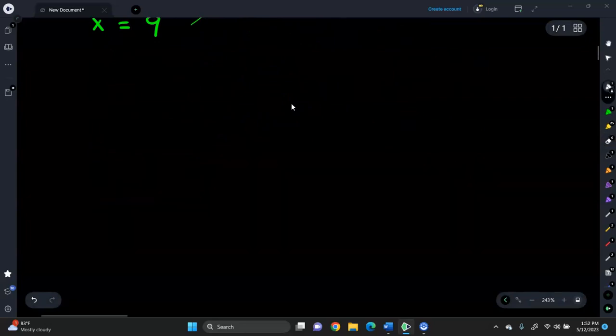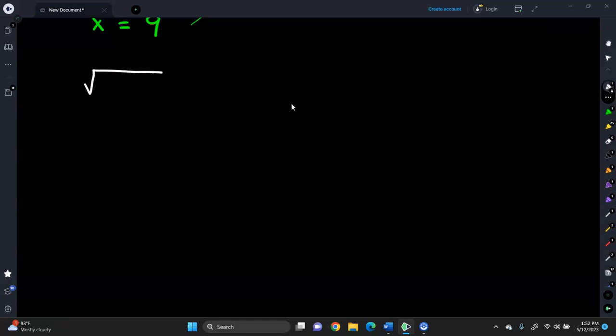So let's look at something like this. The square root of 4 minus x equals the square root of negative 2 minus 3x.